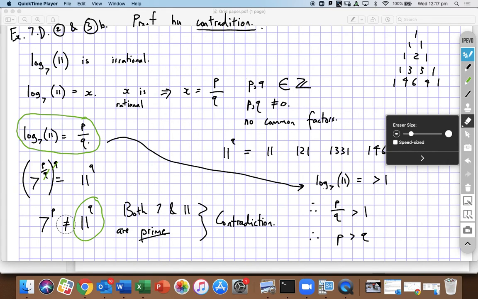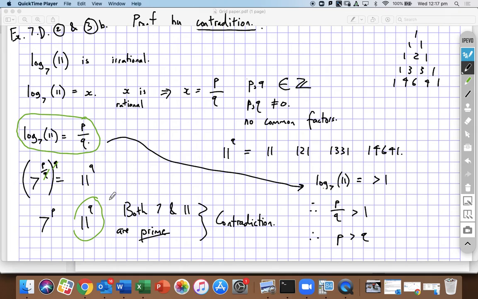And this expression could be equal if P and Q were not integers, but we have defined them as integers at the start. So that is really key to doing the proof. P and Q need to be integers. That's what it means to be a fraction and a rational number, because there could be decimal values that make this statement true.